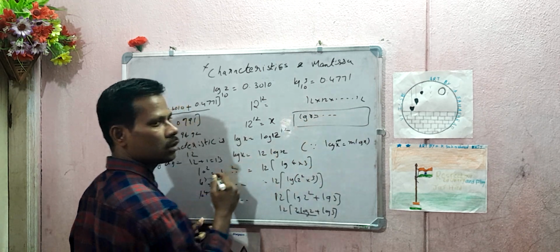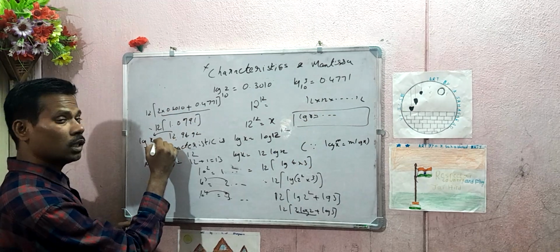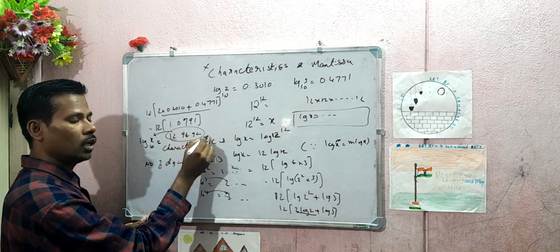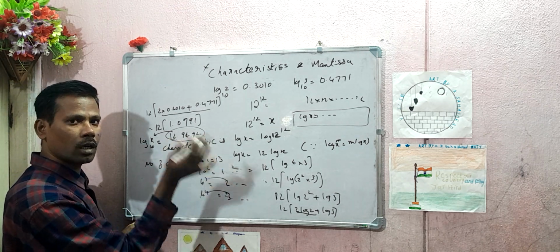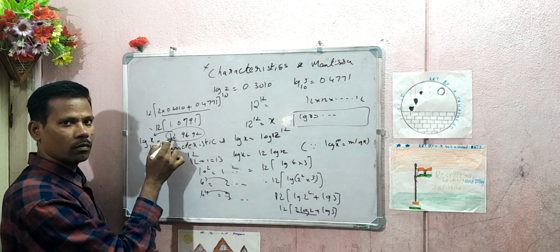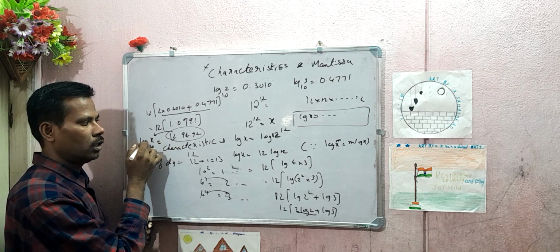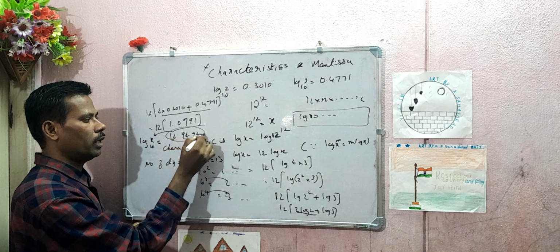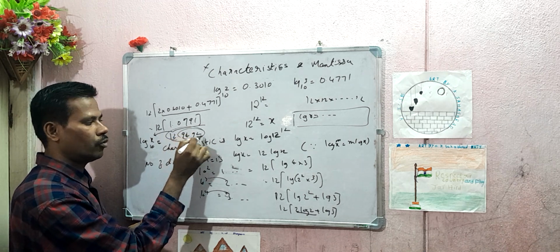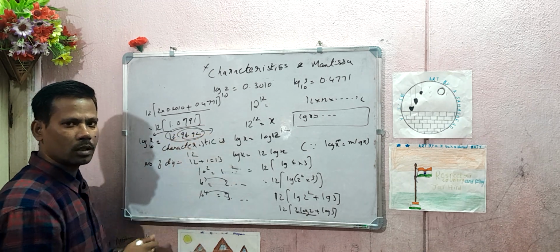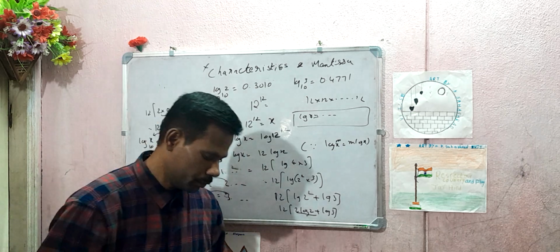Total 13 digits are there. The answer for that is 12.9492. In the same way, conversely, if the characteristic is 12, the number of digits is 13. So here the characteristic is 12, and Mantissa is nothing but the fraction form, 9492. Here we don't concentrate on the Mantissa part, leave it.